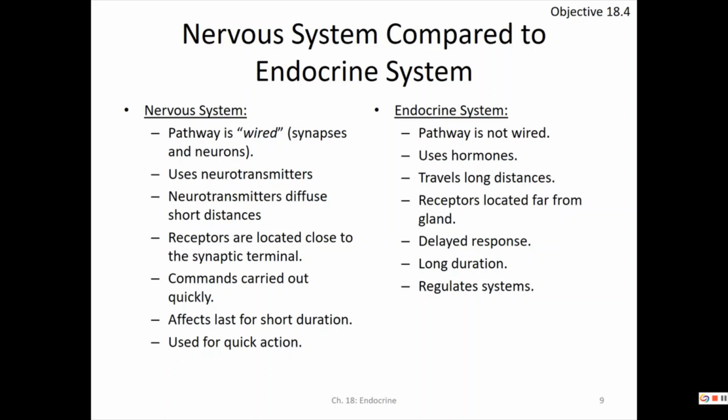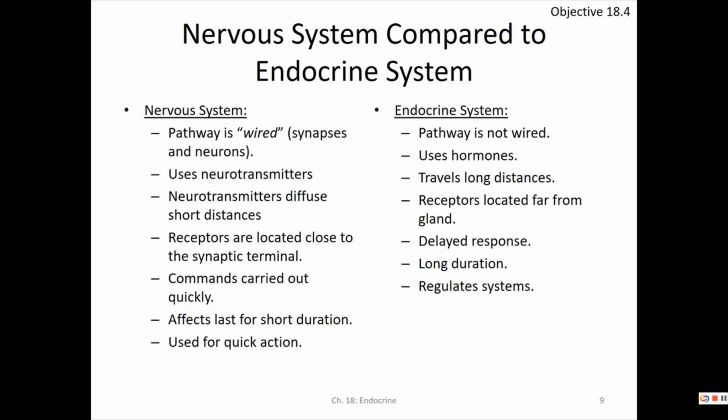Now, neurotransmitters. If you remember a synapse, the presynaptic cell is very, very close to the postsynaptic cell. There is only a small distance between them called a synaptic cleft. So when neurotransmitters diffuse from the pre- to the postsynaptic cell, they don't travel very much distance.